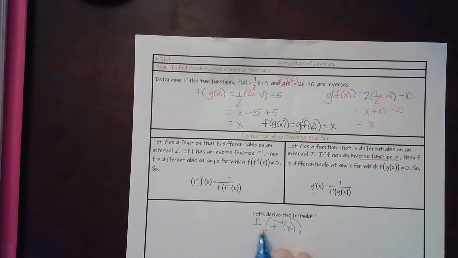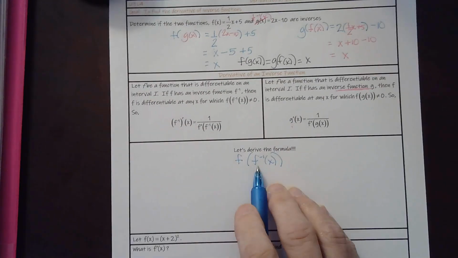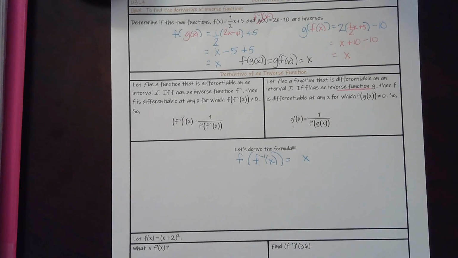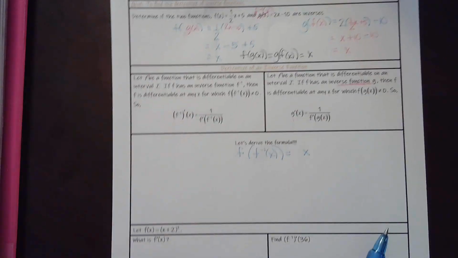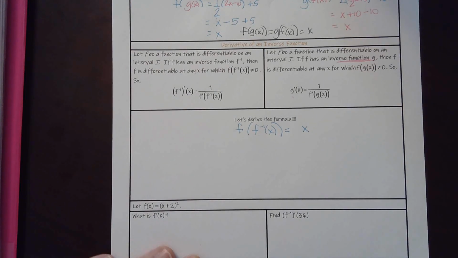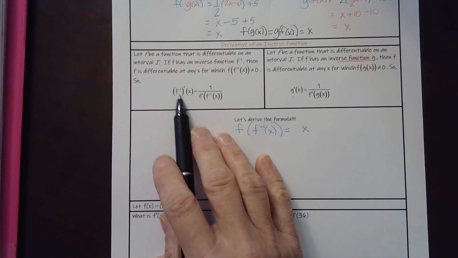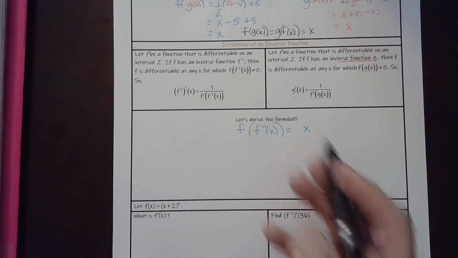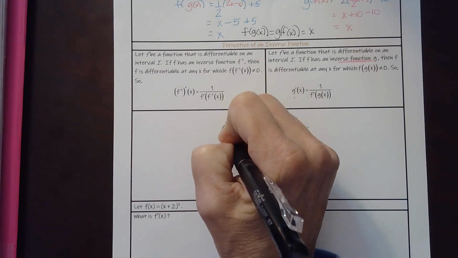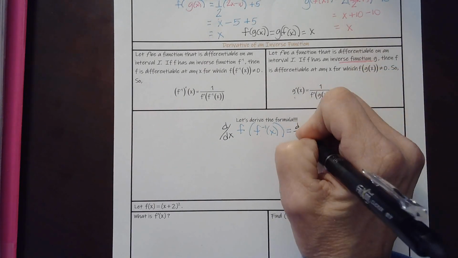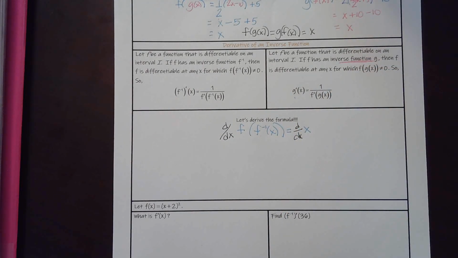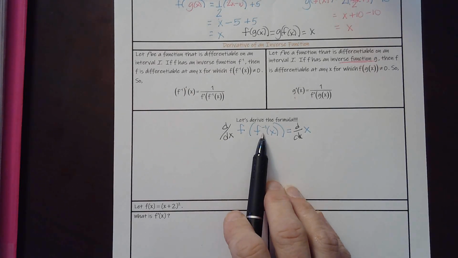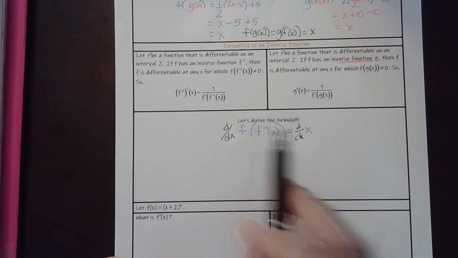Now remember, when you evaluate a function at its inverse, you know that the result will be x. In order for us to find the derivative of this, I need to use implicit differentiation on both sides. For the derivative of f evaluated at an inverse, we have to use the chain rule.